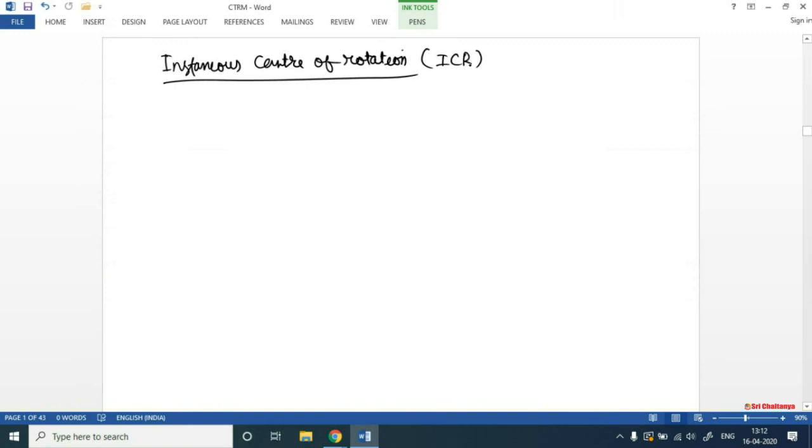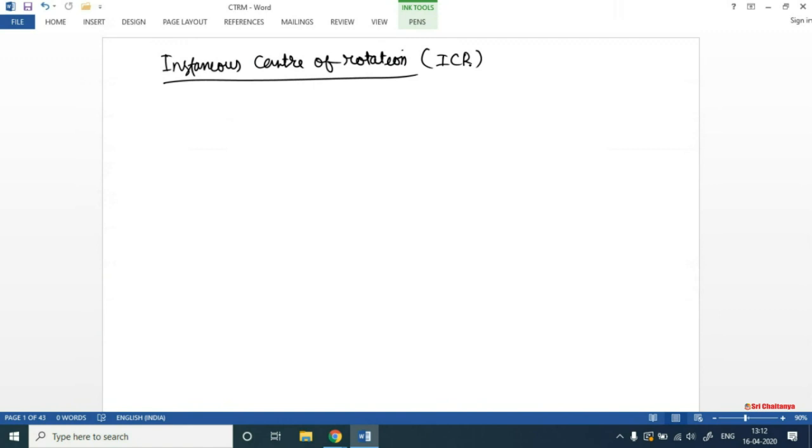ICR basically is a point in the frame of rigid body which is instantaneously at rest. So if a point is instantaneously at rest and we consider the motion of the rigid body about that point, the motion of the rigid body is going to be purely rotational.